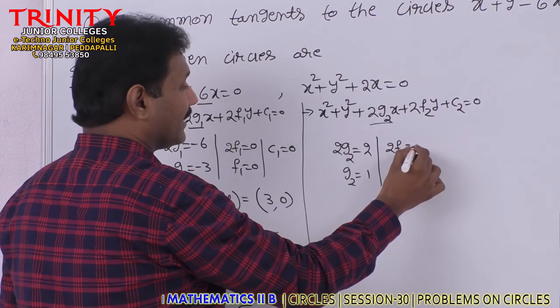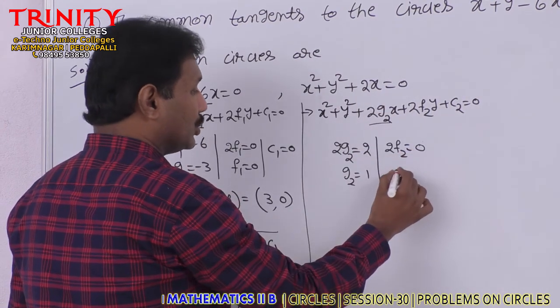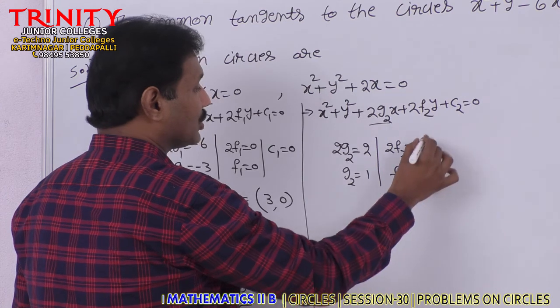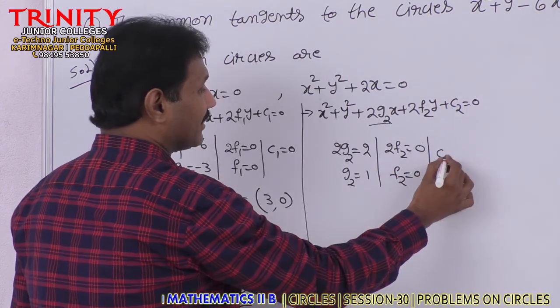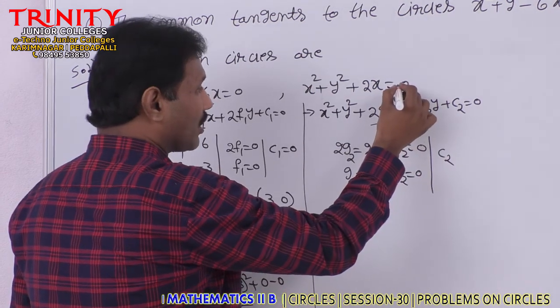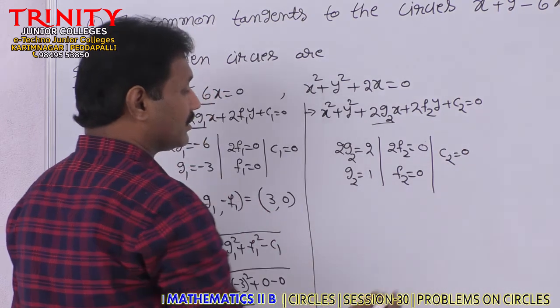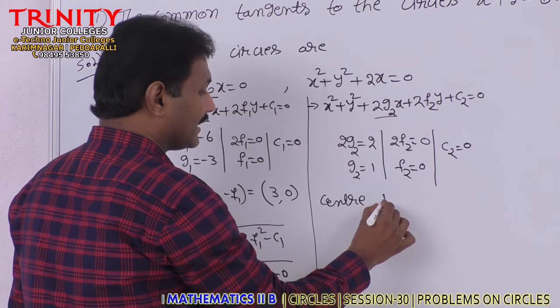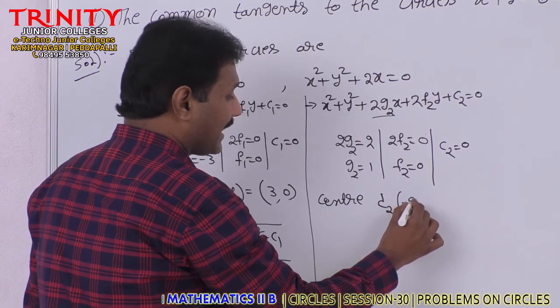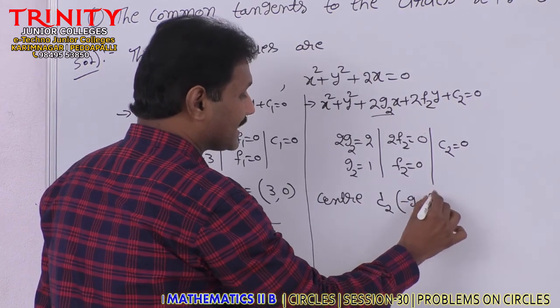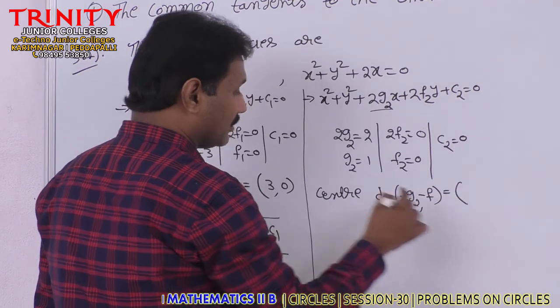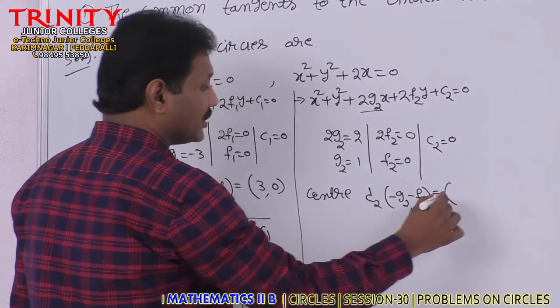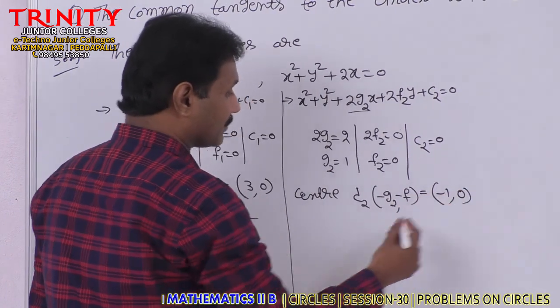There is no y term, that equal to 0, f2 equal to 0. Here constant is c2. There is no constant term, c2 equal to 0. Center of second circle is minus g2 comma minus f2, that equal to minus 1 comma 0.